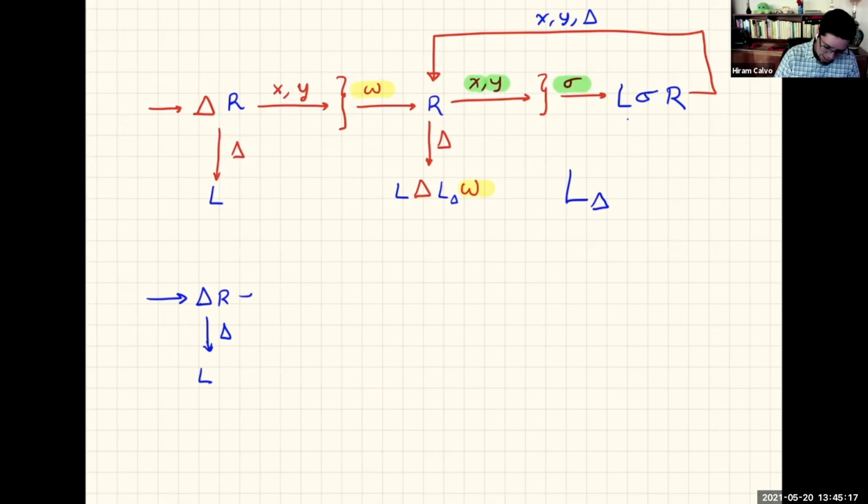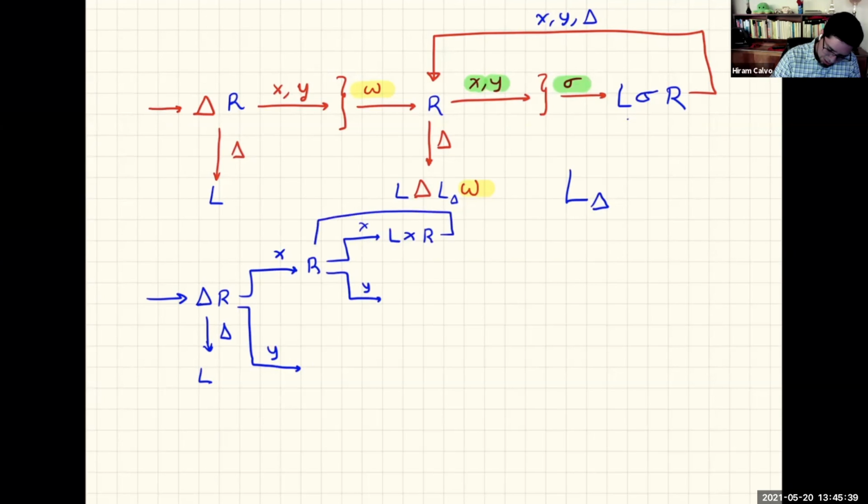We have an x and we have a y in this case. Then for the x, we move to the right. Then again, we have an x or we have a y. If we have an x, then we do left, x, r, and then go back to this point.